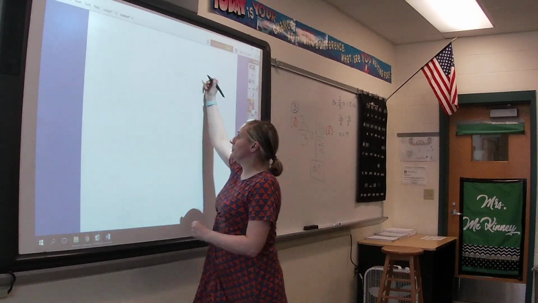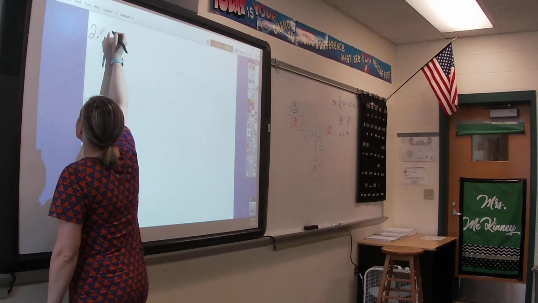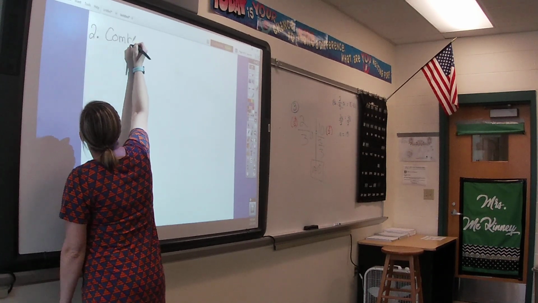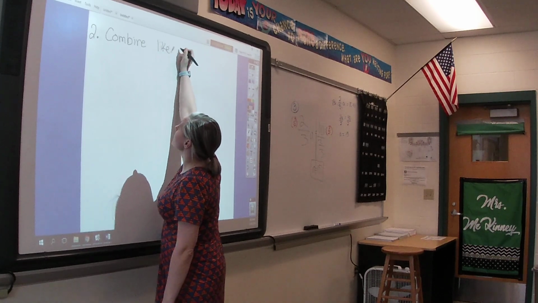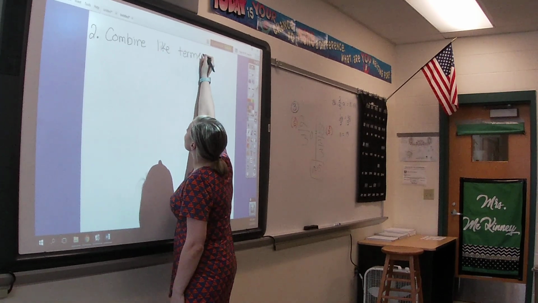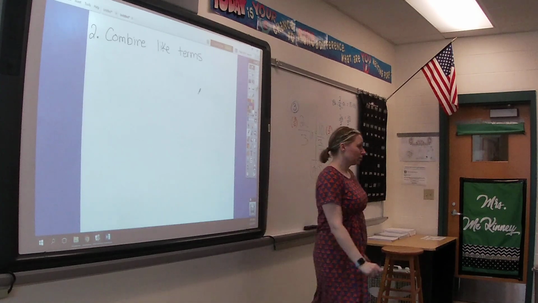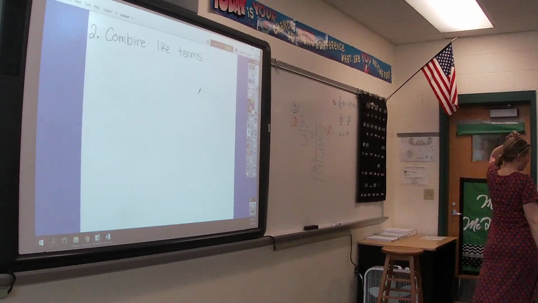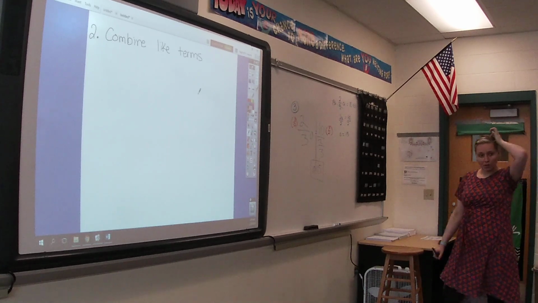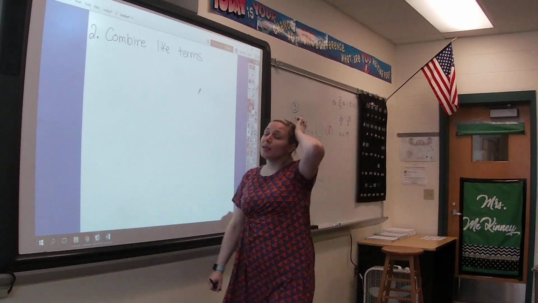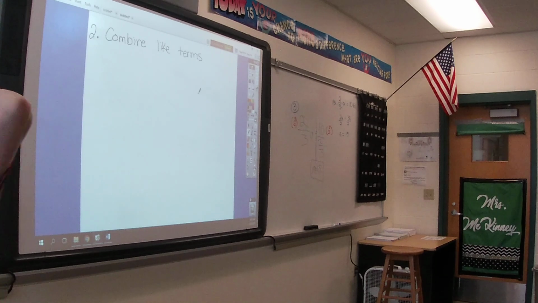Step 2 says that we are going to combine any like terms. So some of you in the ALEKS program have the topic to work on of just combining like terms by itself.